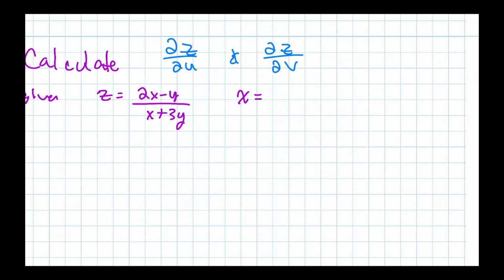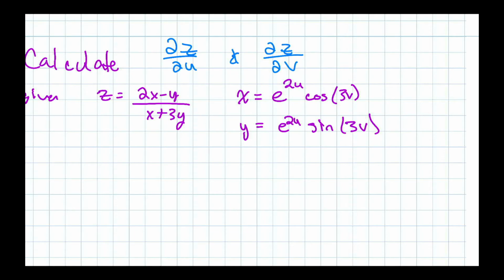Then x is a function of u and v. It is e to the 2u cosine 3v. And y is e to the 2u sine 3v. Okay, so that's what we got.